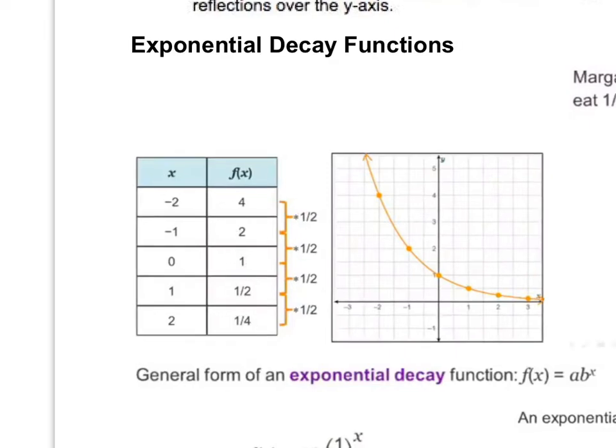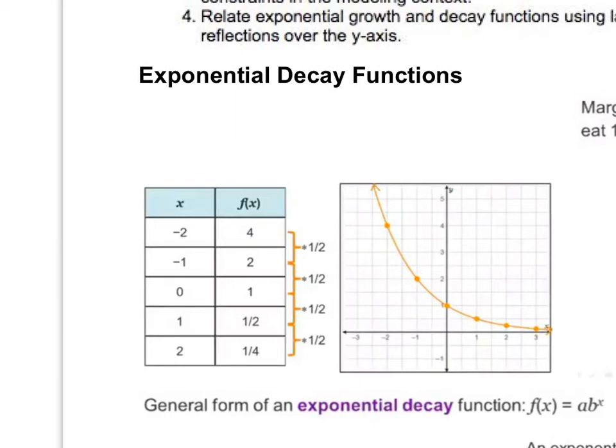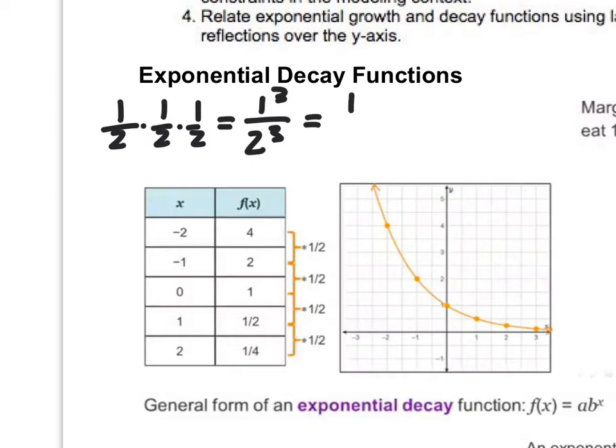So each of these you're multiplying by a half, and that number is between 0 and 1.